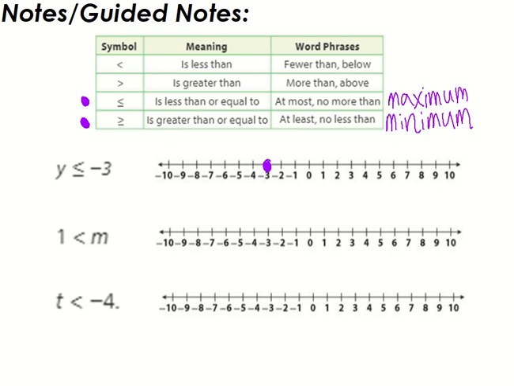And that's because, sorry, I'm just going to write the word closed. That's because it's equal to, meaning -3 is a part of the answers. So it's equal to, that's why we close it. Now we need to represent all the numbers less than -3. So that's the direction we're going to then graph.